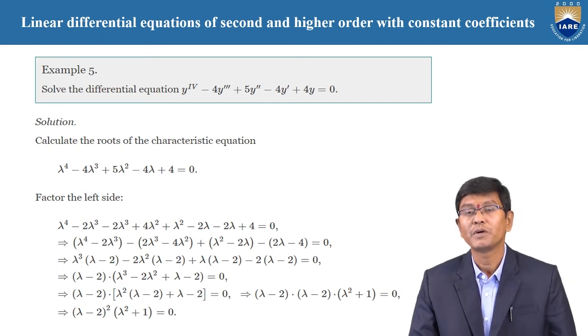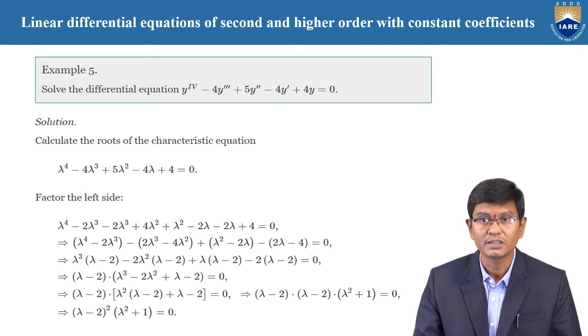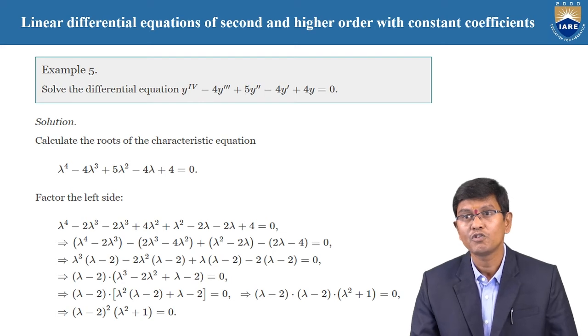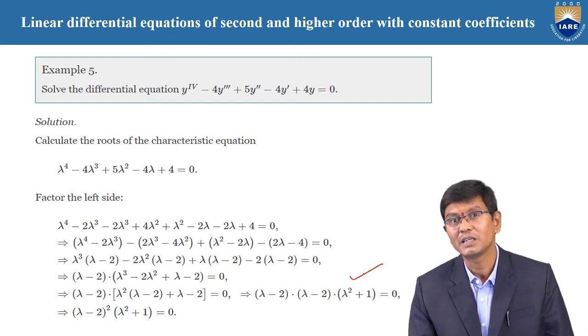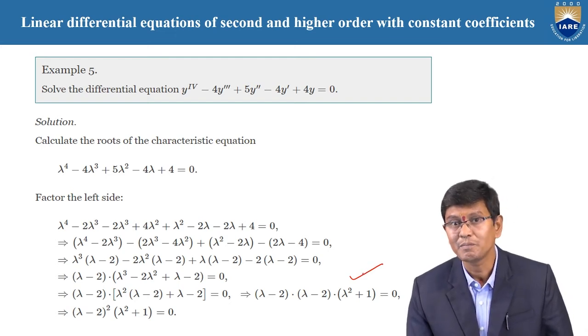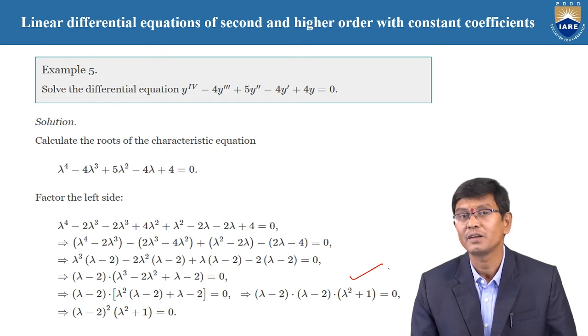Here also, by using synthetic division as well as the factorization method, you obtain clearly that one of the roots is lambda is equal to 2 comma 2 repeated, and lambda square plus 1 is equal to 0 is nothing but lambda is equal to plus or minus i.